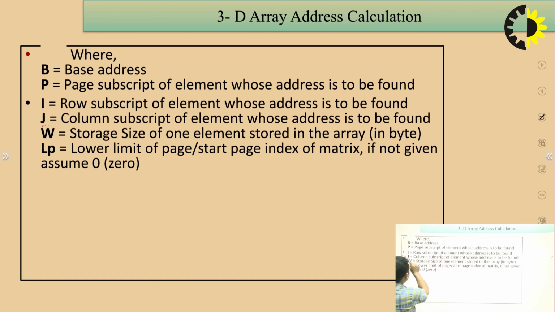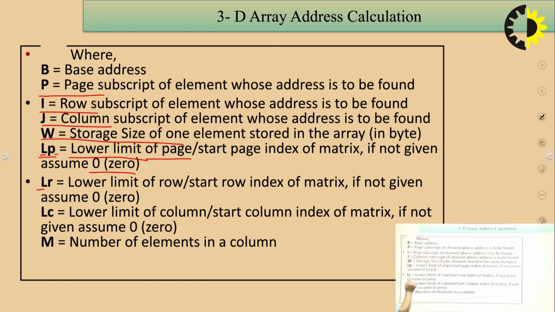And W is the storage size of one element, and LP is the lower limit. L for lower, P for page: the lower limit of the page or start page index of the matrix. If not given, assume 0.